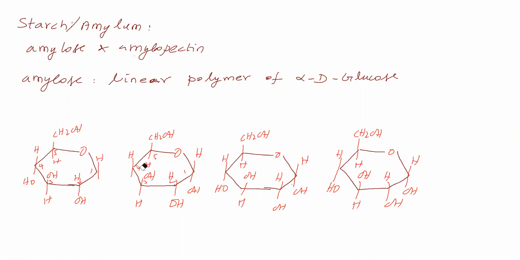So the C1 carbon and C4 carbon go for glycosidic linkage. We will write it like this. C1 is linking with O, and O is linking with this C4. That is the glycosidic linkage.